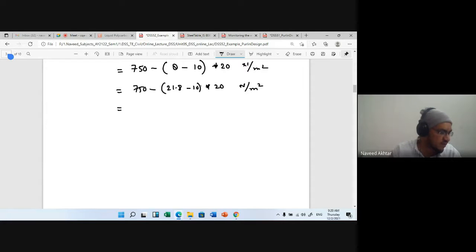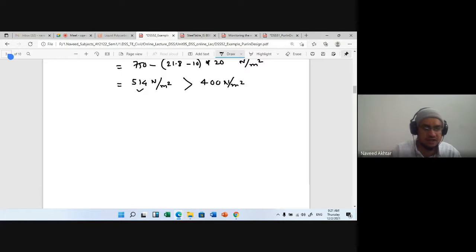It comes to 514 Newton per meter square. So the live load on the purlin is 514 Newton per meter square, which is greater than the minimum live load of 400 Newton per meter square. We will consider this one.